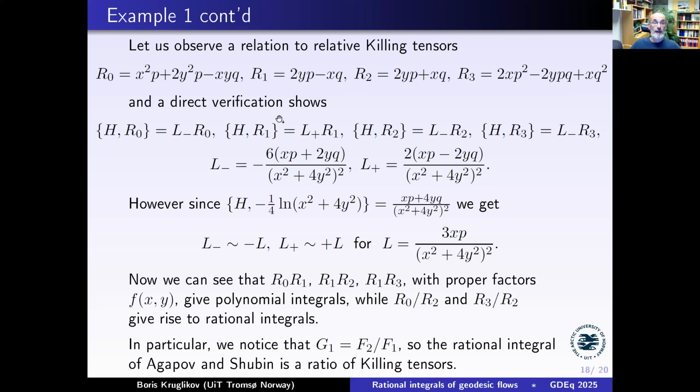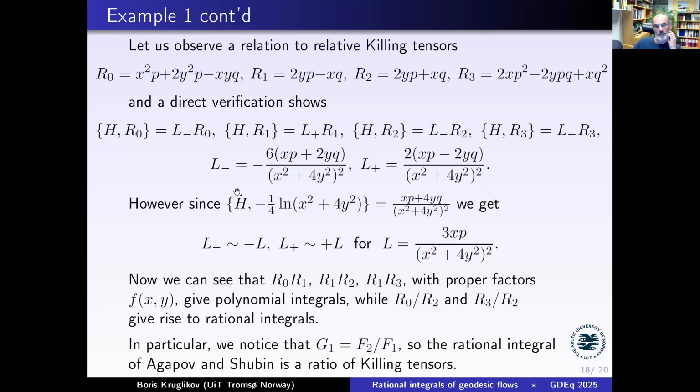Okay. And then we have cofactors. And there are just 2 cofactors: L minus for R0, R2, and R3, and L plus for R1. Here are the formulas for L minus and for L plus. They're not inverse to each other, even though the notations are L minus and L plus, but they are actually cohomologous to inverses of each other.